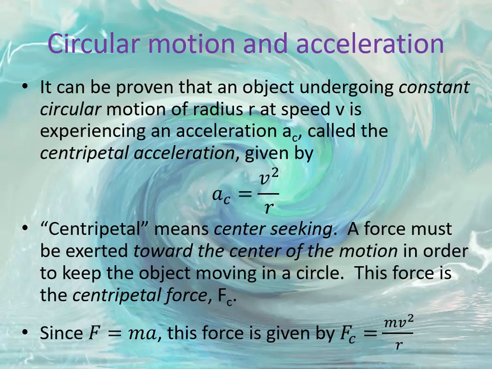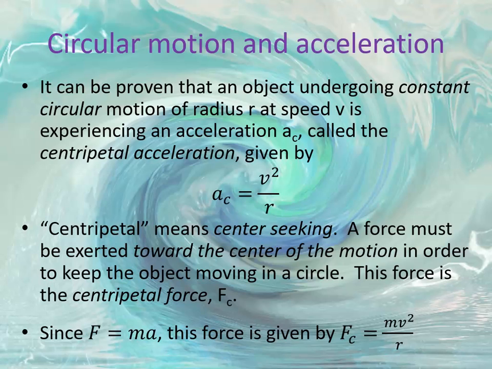But I do want to mention that when an object is undergoing uniform circular motion, that is, constant speed at a constant radius, then the acceleration that the object is experiencing is given by the equation v squared over r, where v is the speed and r is the radius of the circular motion. We call this centripetal acceleration. Centripetal means center seeking. And since the direction of the force must be the same as the direction of the acceleration, the direction of the force is toward the center of the circle.